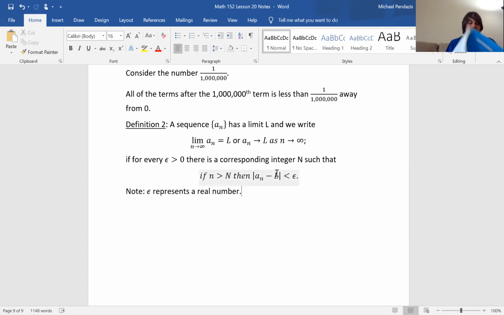Okay. That's the definition. And so let me continue. Okay, so theorem.